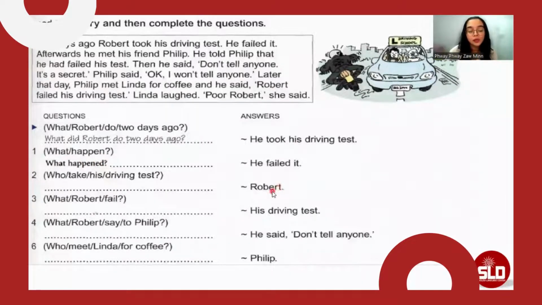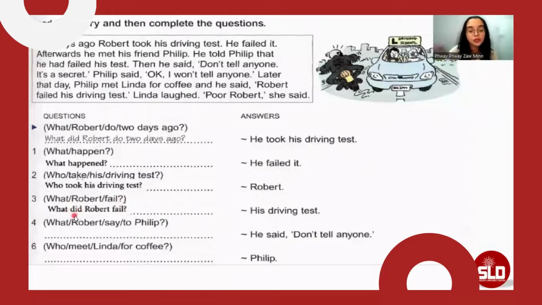And next one, the answer is Robert. How do you make a question for this one? Yeah, who took his driving test? And number three, his driving test. The question you're going to make is what Robert failed.